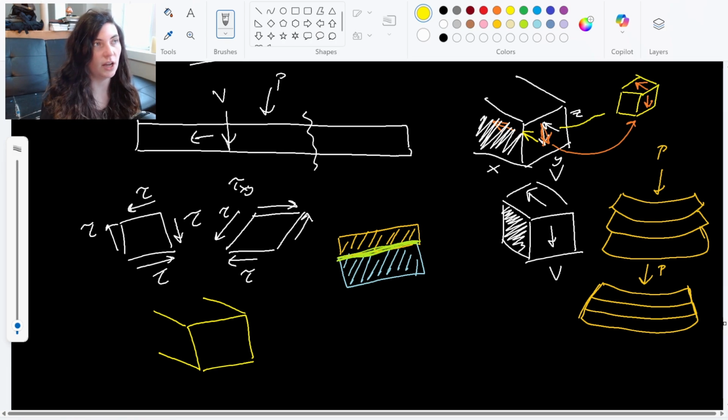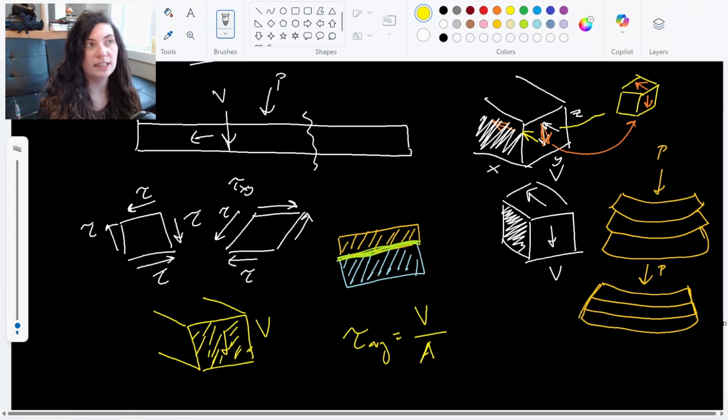Before, we used to talk about this as, okay, let's take the average shear stress as the shear over the cross-sectional area. So we said, all right, there's a shear through here, and then this is our cross-sectional area. When in actuality, it's not constant through the cross-section.